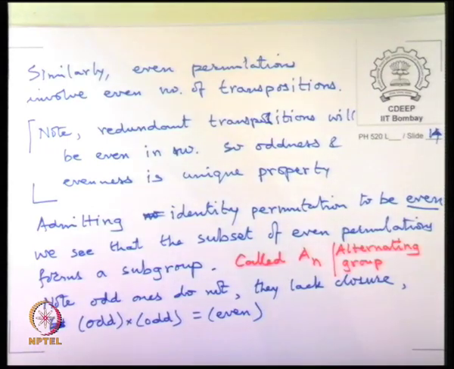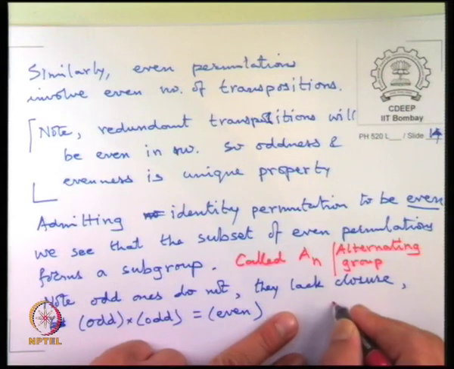So even permutations of a set of size n form also a group. It is called An, and it is one of the biggest subgroups of Sn. It has how many elements? n factorial by 2.